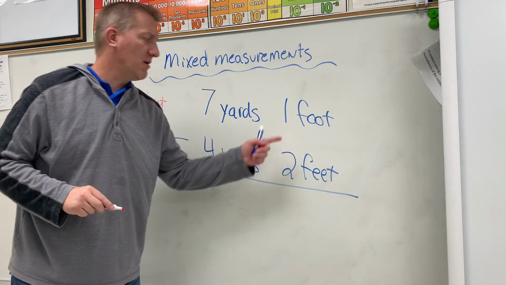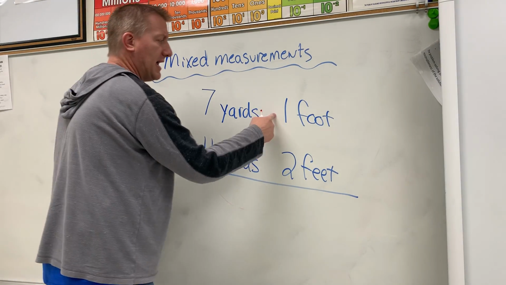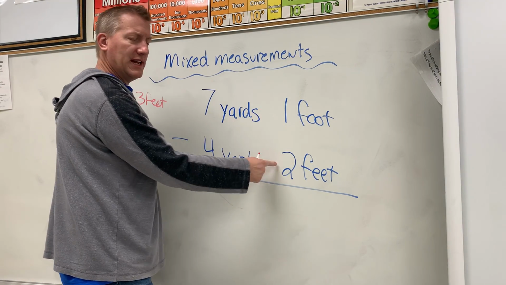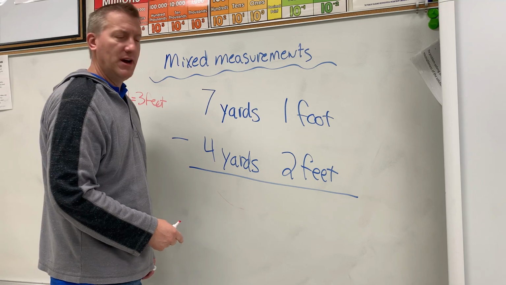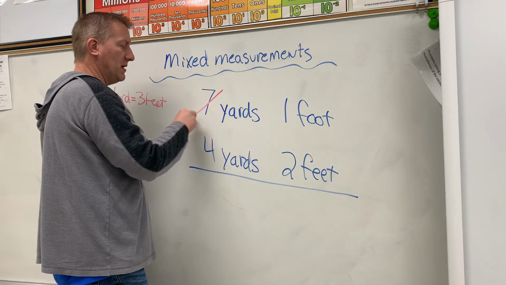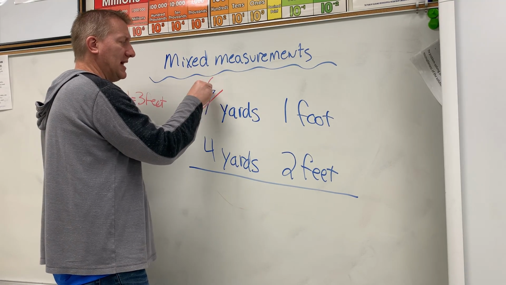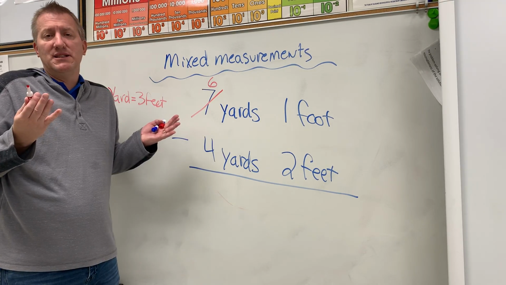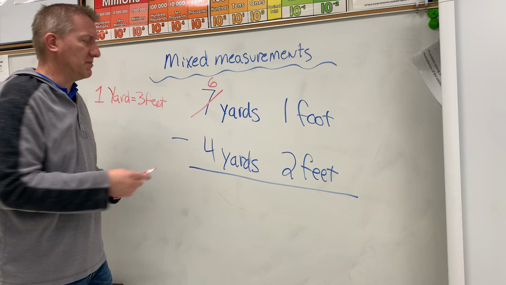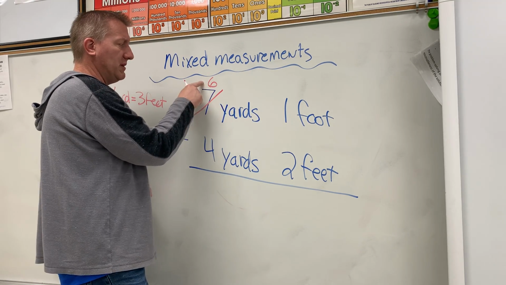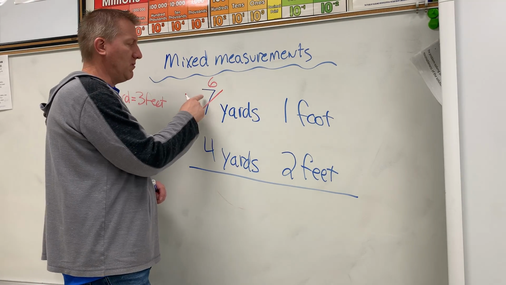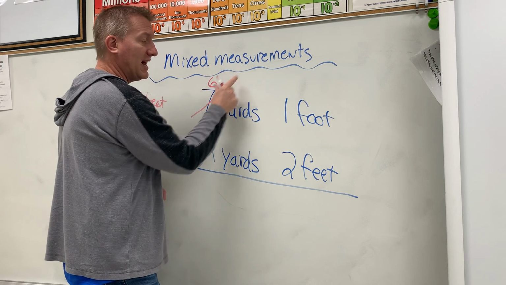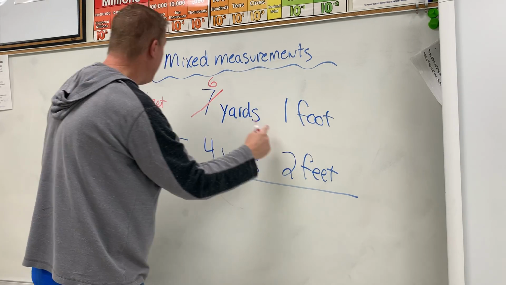Okay, so now we're going to come over here. I have 1 foot up here. Can I take 2 away? No, I sure can't. So I'm going to borrow. I'm going to cross out that. That's going to become a 6. That doesn't change from what we normally do in subtraction. If we're taking 1 away from there, we're always going to subtract it by 1. So now I'm bringing a yard over here.